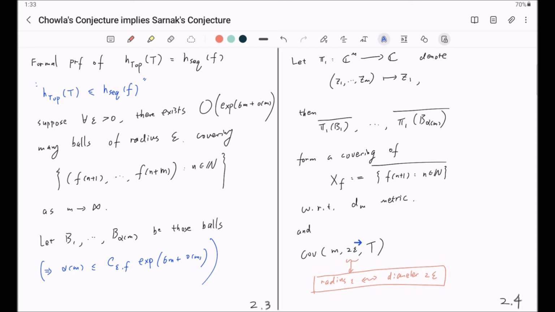When we define this, we are considering the diameters rather than radius, so we have to make this adjustment. From our construction above, this will be less than or equal to alpha of m.